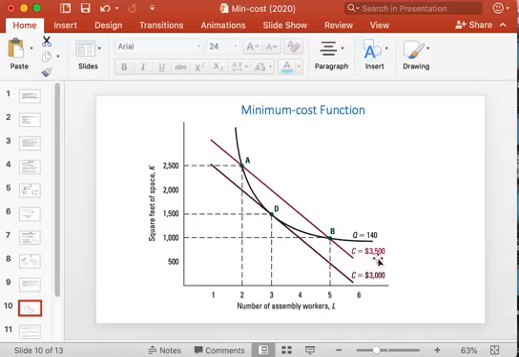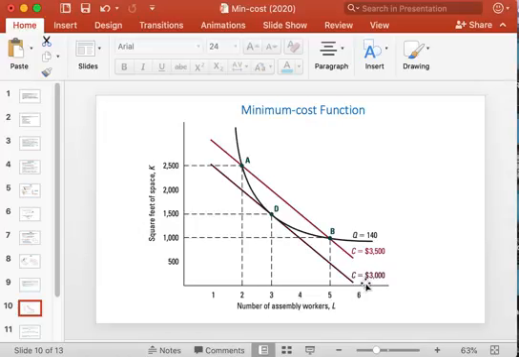You can see here the total cost of this isocost line is $3,500. So the input combination of point A will give you a total cost of $3,500, which is more than $3,000 here, for which the input combination is 1,500 and 3.